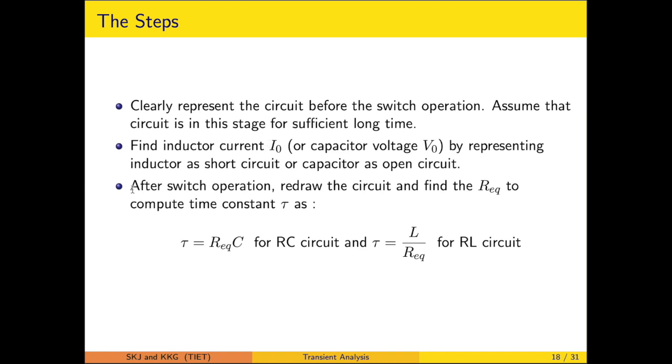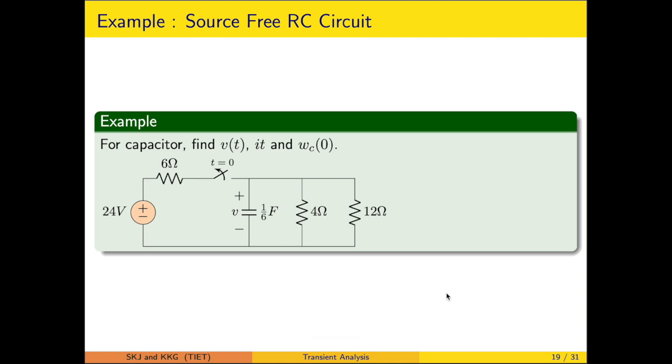Thereafter we have to find the equivalent after the switch operation. In the equivalent, we consider only one energy storage element, so the resistance can be many or combinations. So we will be calculating the equivalent resistance. On that equivalent basis, we will be calculating the time constants for the RC or RL circuits. Thereafter, the behavior can be calculated.